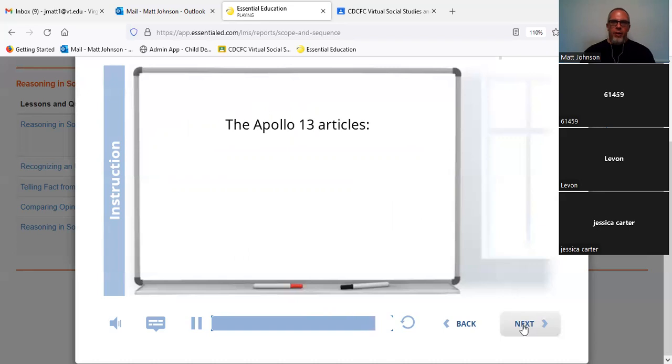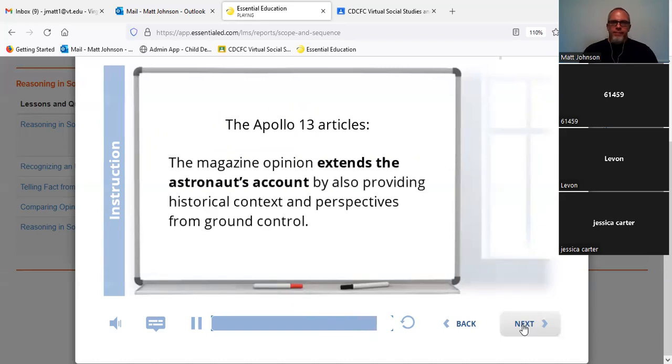Here's my conclusion. The magazine opinion extends the astronaut's account by also providing historical context and perspectives from ground control. See? Pretty easy. I could even use that conclusion as a thesis statement for an essay. Well, that's the basics of identifying a relationship and drawing a conclusion. Let's see if you've got this, shall we?